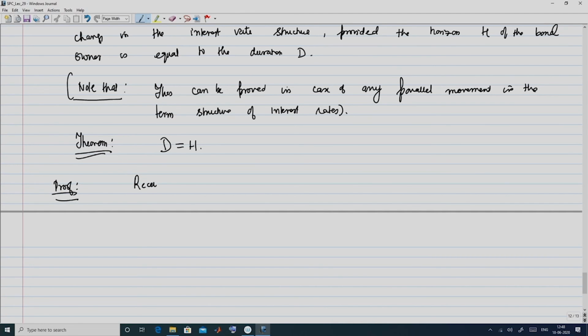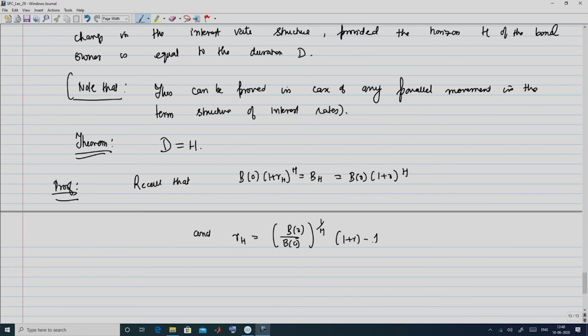Now, recall what we had. We had B0 into 1 plus R subscript H raised to H was BH, and this was the same as BR into 1 plus R raised to capital H, and the other relation that we had was RH equal to BR over B0 raised to 1 over H multiplied by 1 plus R, minus 1.